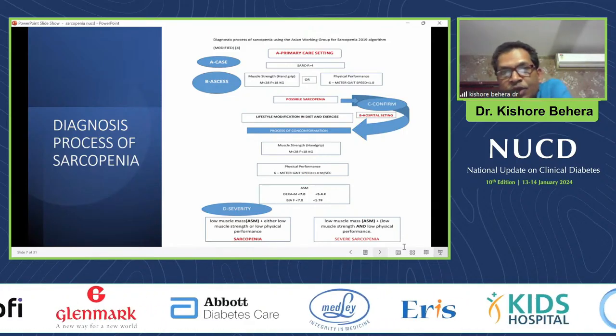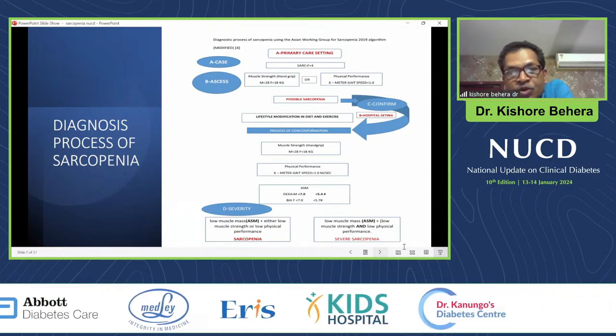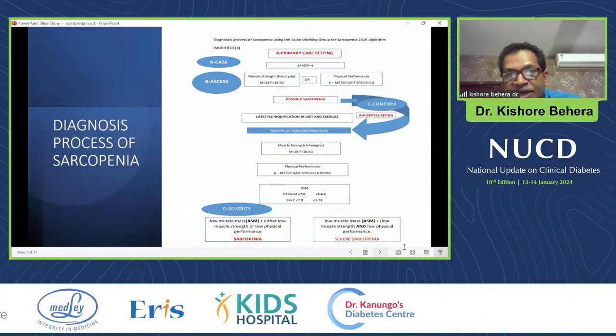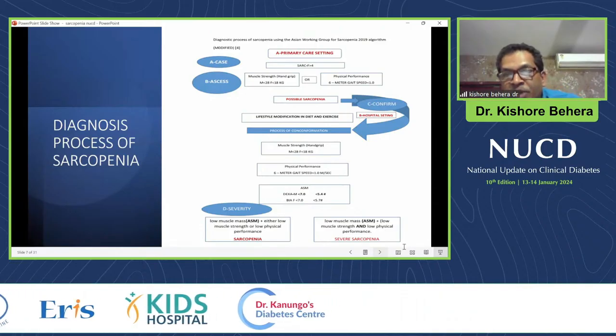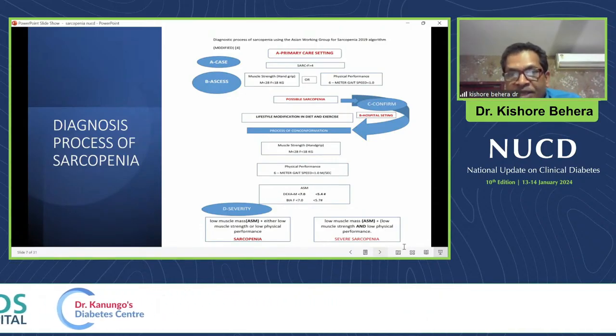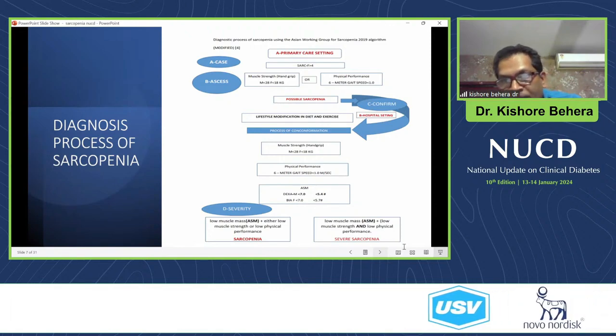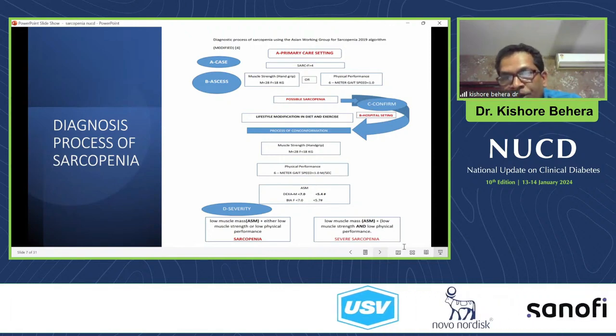Then for assessment, we can assess with DEXA or bioelectrical impedance. We have to measure muscle strength, that is hand grip, or physical performance by 6 meter gait speed. If it is present, then we are probably dealing with possible sarcopenia. Then in the primary center we can advise lifestyle modification in diet and exercise, then we can send to the hospital.